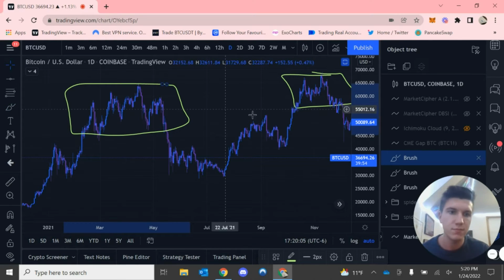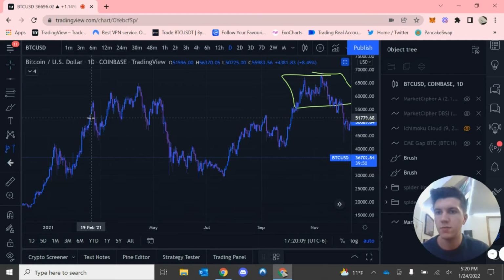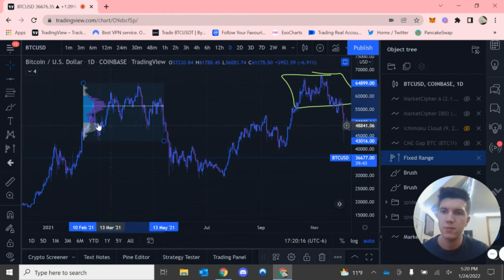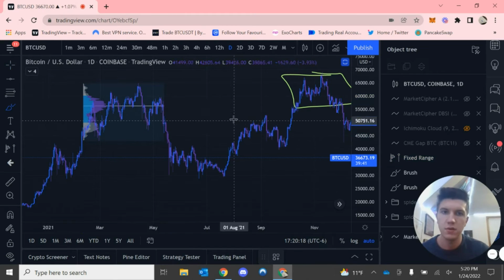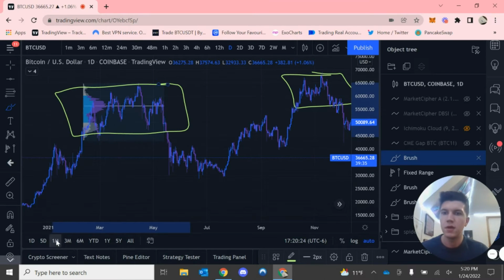Things were pumping, but using this example too, you can identify a swing low or a bottom price and draw a fixed range volume profile around it.